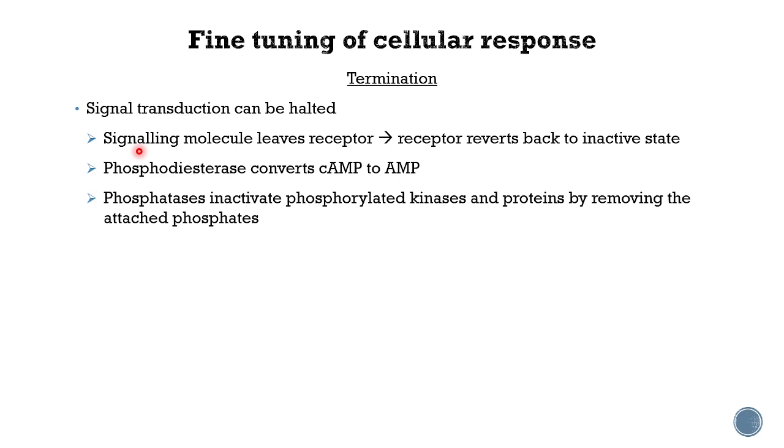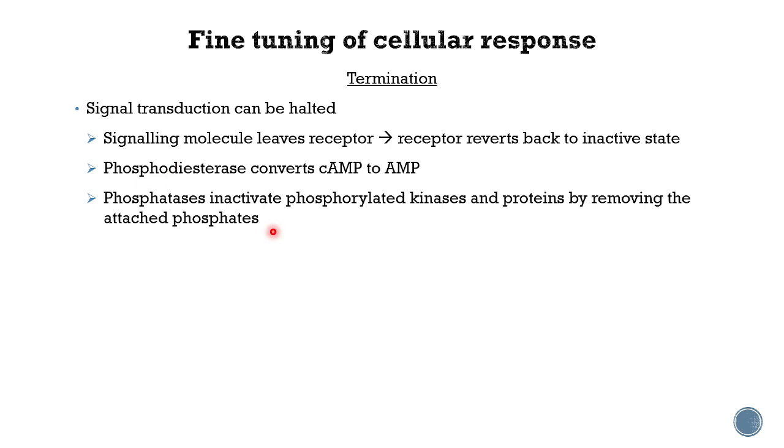Sometimes other enzymes can come in to digest or break down the signaling molecule also. Once the signaling molecule is no longer bound to the receptor, the receptor will revert back to its original conformation, which is inactive. That will stop the triggering of any more signal transduction inside the cell.